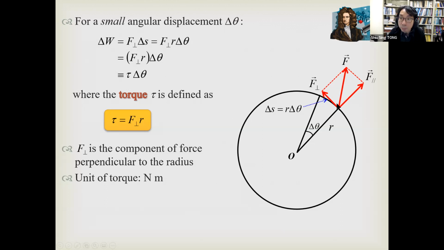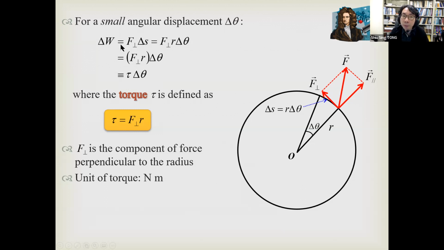And the force has two components, right? One component is parallel to the radius, which I call F parallel. The other component is perpendicular to the radius, which we call F per. Now parallel and per refer to the force component parallel to the radius and perpendicular to the radius.